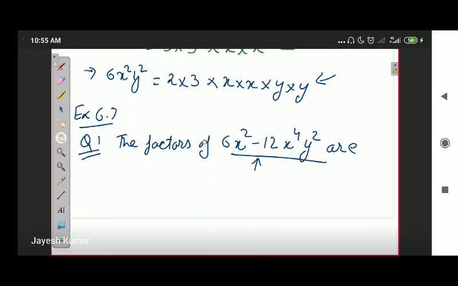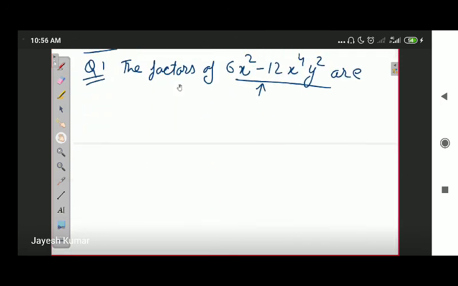First of all, I am going to separately write down the factors of 6x square and minus 12x to the power 4 y square. So 6x square is equal to 2 into 3 into x into x. Why I have taken such a long gap, you will understand shortly.